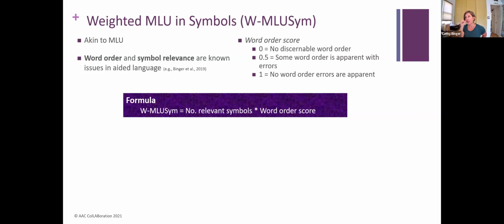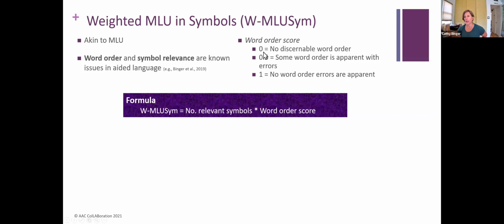We saw different error patterns with adjective nouns than we did with subject verb object sentences, for example. With those subject verb object utterances, the kids tended to have more word order issues. So we know that word order problems do exist, and we wanted to develop a simple way to code word order that was hopefully going to be clinically applicable.